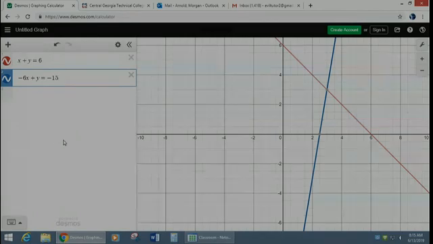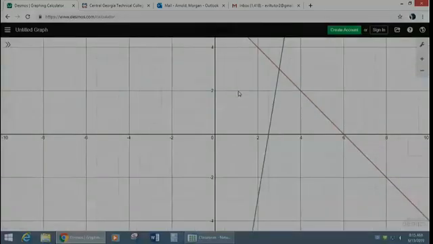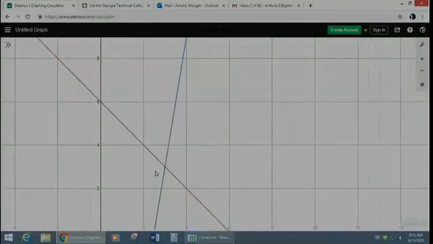And I don't mind y'all ever using Desmos to check your own graphs in my math lab. So let's hide our equations. And where the two lines intersect is your solution.